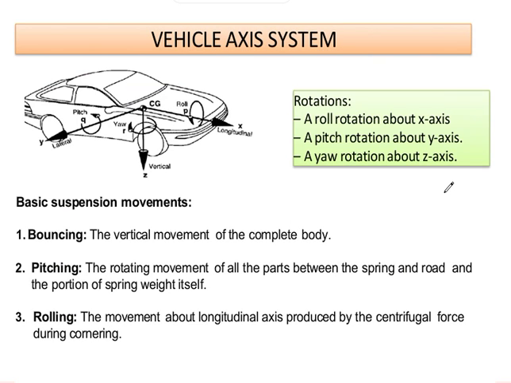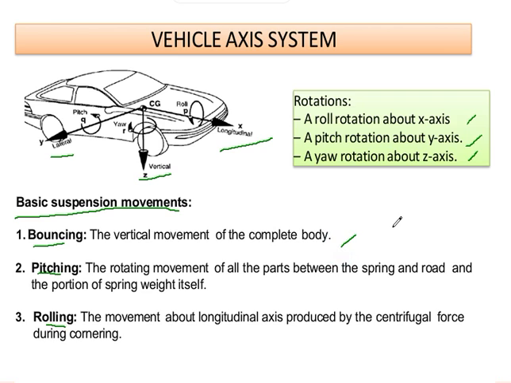Vehicle axis system. There are three types of rotations: a roll rotation about x-axis, a pitch rotation about y-axis and a yaw rotation about z-axis. Basic suspension movements. There are three types of basic suspension movements: bouncing, pitching and rolling.